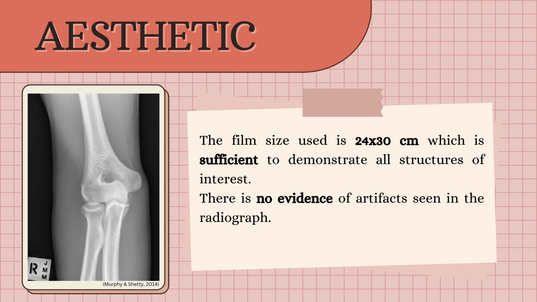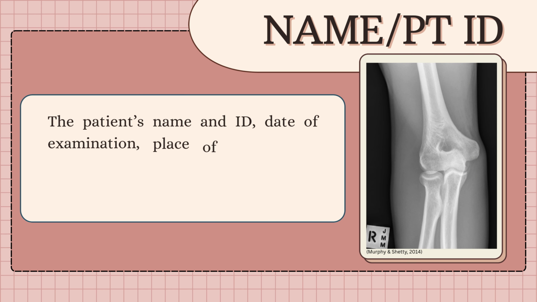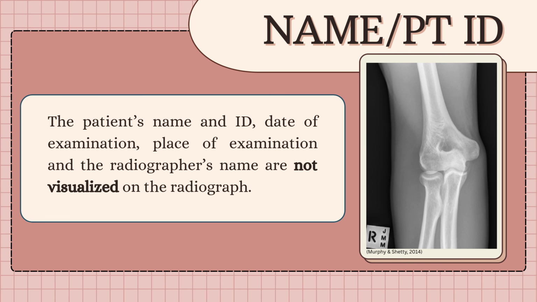The film size used is 24 by 30 cm, which is sufficient to demonstrate all structures of interest, and there is no evidence of artifacts seen in the radiograph. Last but not least is the name or patient's ID. Based on the radiograph, the patient's name, ID, date of examination, place of examination, and the radiographer's name are not visualized on the radiograph.